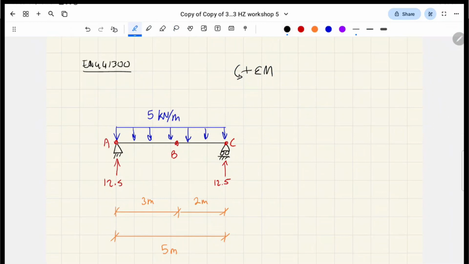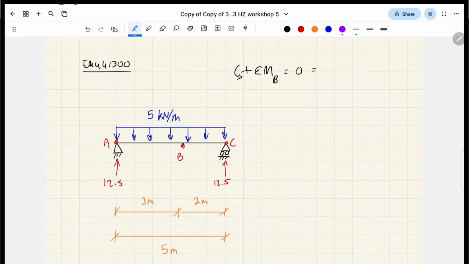And just for the sake of this demonstration, I'm going to take it about point B, okay? It's in static equilibrium, so everything's equal to 0. And now we have to add on our counterclockwise moments and subtract our clockwise moments, right? Let me make that a little more clear. Okay. So how do we do this?